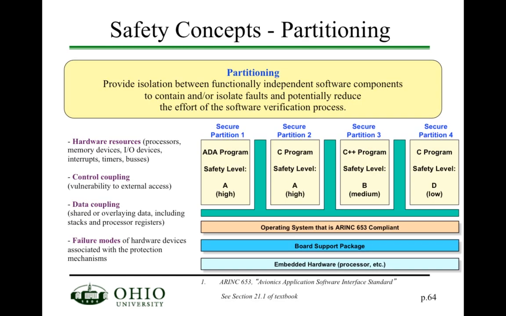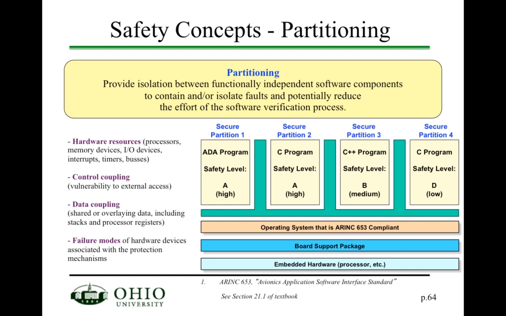Now, another thing that you'll see in the PSEC that you have to address is partitioning. Partitioning means that you provide isolation between functionally independent software components. Especially in modern aviation, you may run the software for multiple functions on one hardware platform.